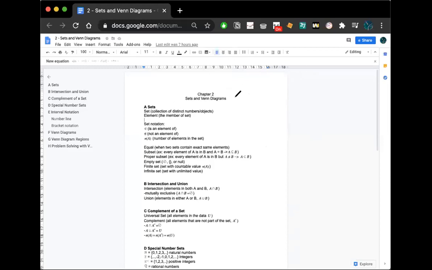So a set is a collection of several objects or numbers. In a set you can technically have anything.